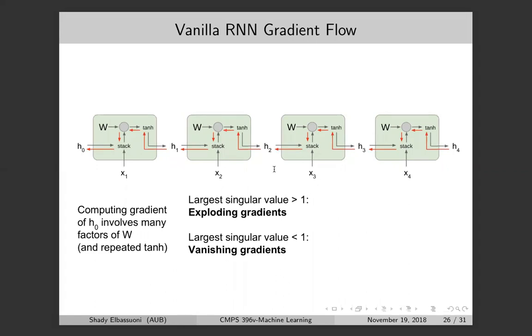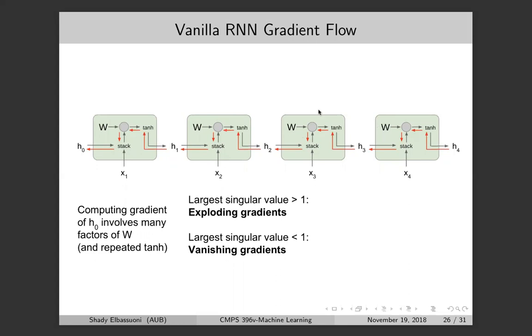Particularly, it explodes if the largest singular value of the W matrix is greater than 1, because you're multiplying by a factor greater than 1. You can assume W was just a scalar: if W is greater than 1, then it will explode.